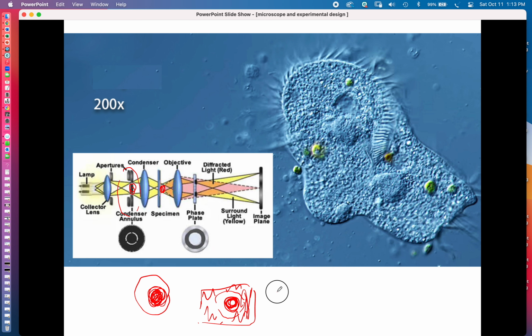And so phase contrast is used primarily to increase the contrast. And unstained biological cells typically have low contrast. The cells are in a water environment, and water doesn't bend the light very much.